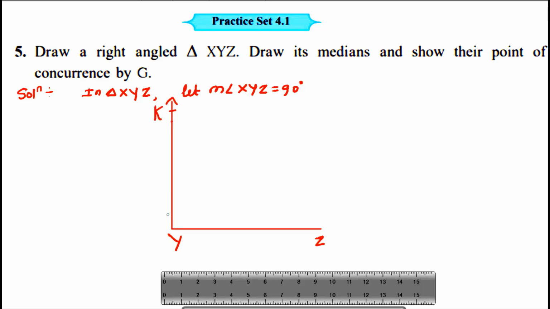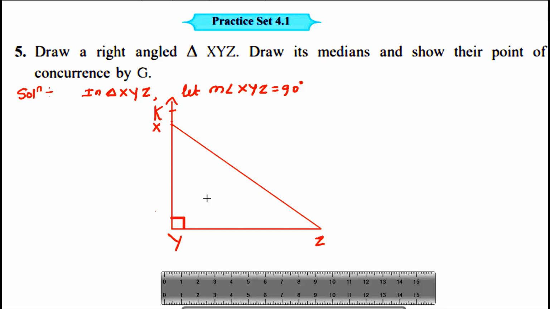Draw ray YK through the point at 90 degrees. Take point X on the ray YK and join segment XZ with the help of a ruler. Measure of angle Y is 90 degrees as shown here. So here triangle XYZ is a right angle triangle and measure of angle Y is 90 degrees. This is our required right angle triangle.